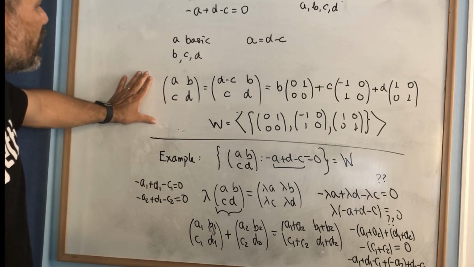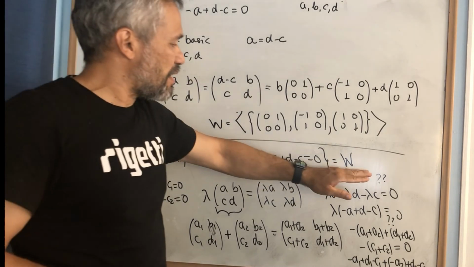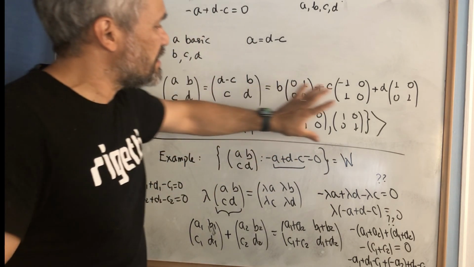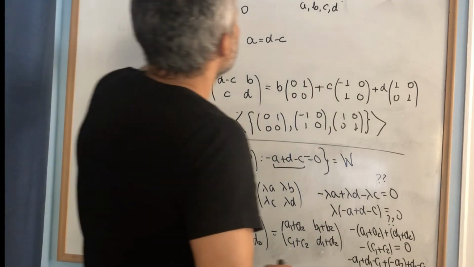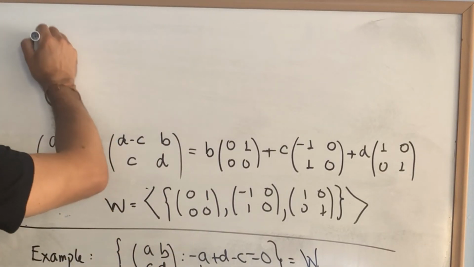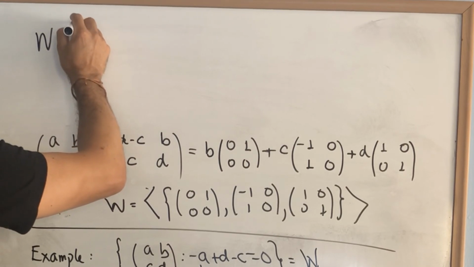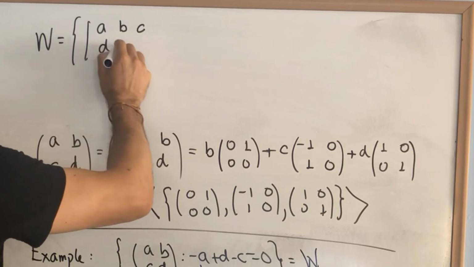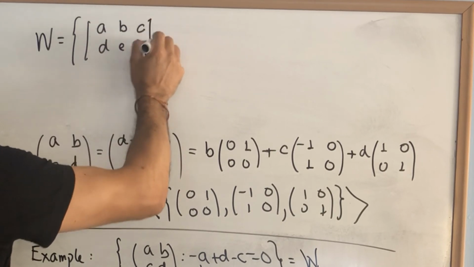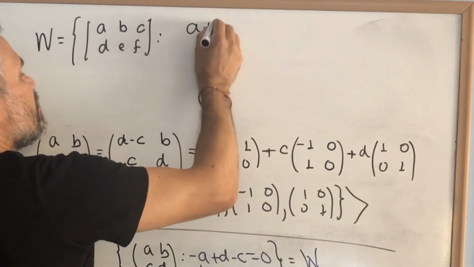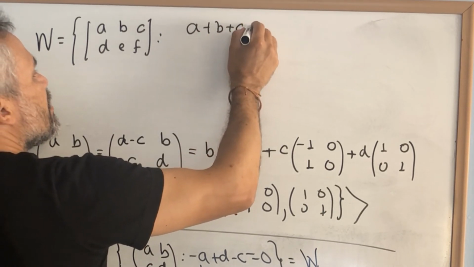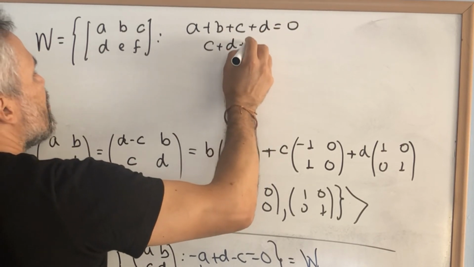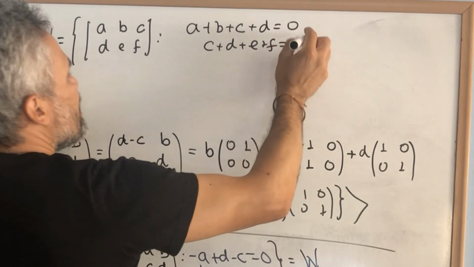Maybe it is a good idea to do another example like that. Given a subspace that is written as a set of equations, how do we write it as the span of some vectors? Let W be the matrices of the form A, B, C, D, E, F, such that A plus B plus C plus D equals 0, and C plus D plus E plus F equals 0.